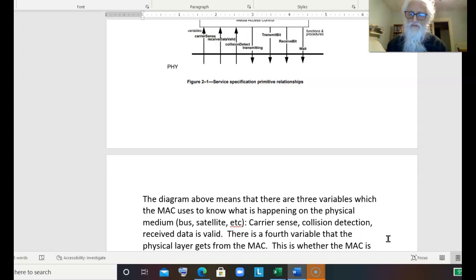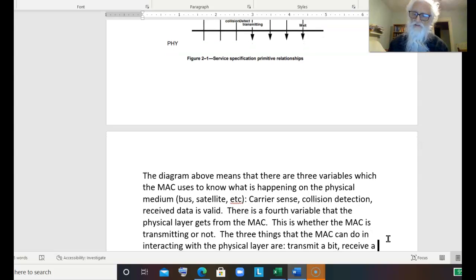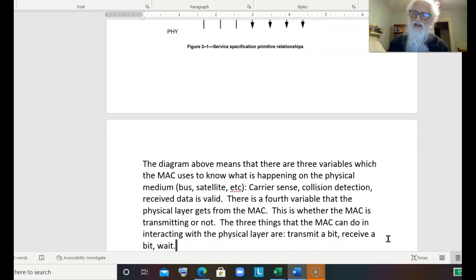The fourth variable, I think the physical layer gets from the MAC, and that is whether the MAC is transmitting or not. Now, there's three other items there, and they're the things the MAC could be doing. It can be transmitting a bit to the physical layer, receiving a bit from the physical layer, or essentially idle, waiting for something to happen.